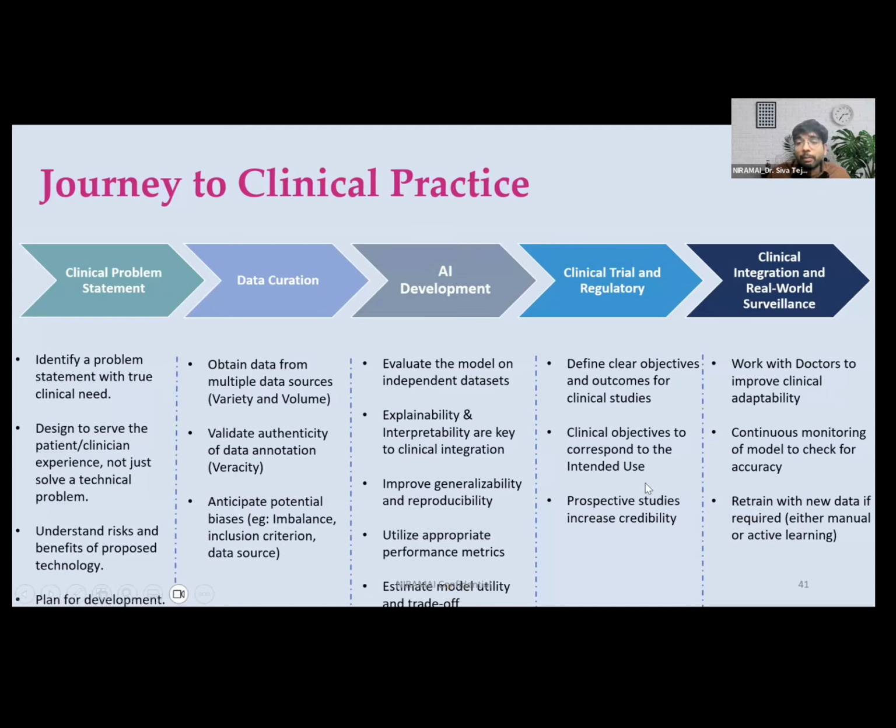And as Dr. Gita mentioned, one can do multiple clinical studies in order to roll this out into community screening. The final step is clinical integration and real world surveillance.